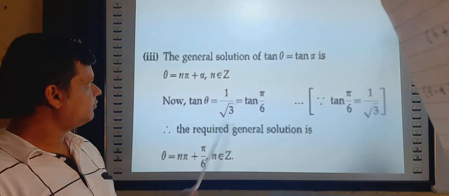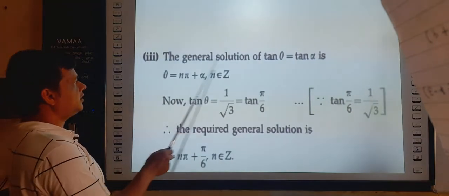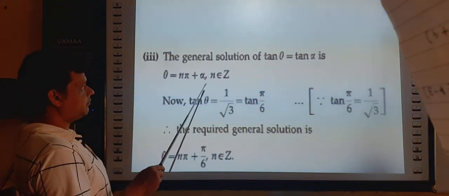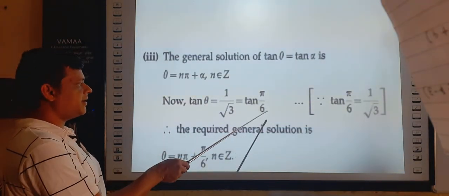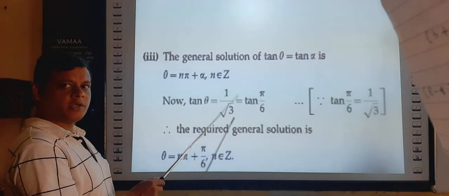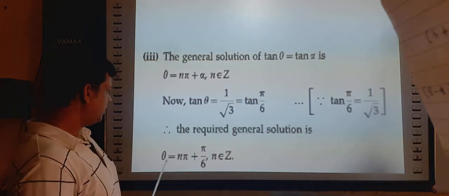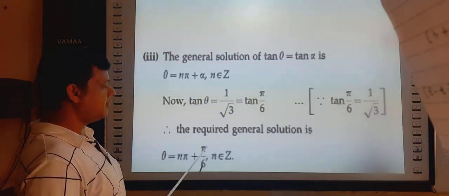This is of the form tan theta equals tan alpha. Therefore the general solution of tan theta equals tan alpha is theta equals n pi plus alpha, n belongs to Z. Now we have to replace this alpha by pi by 6 for our given equation. Therefore the required general solution is theta equals n pi plus, in place of alpha, pi by 6.